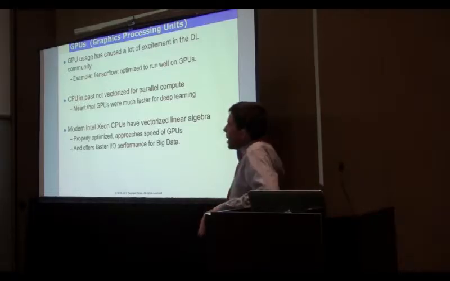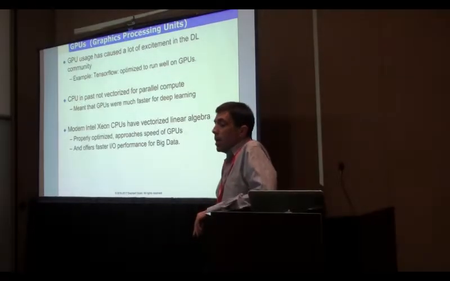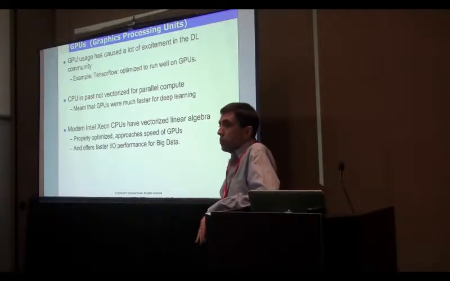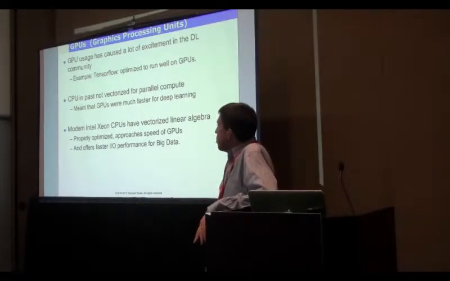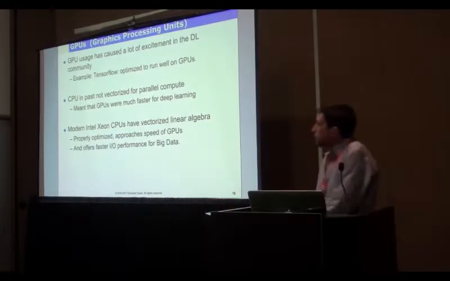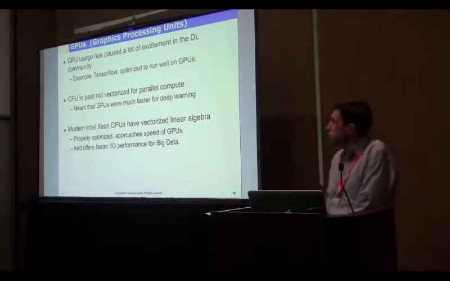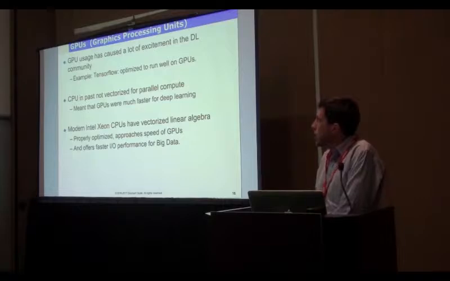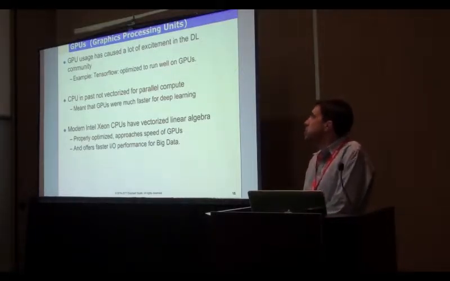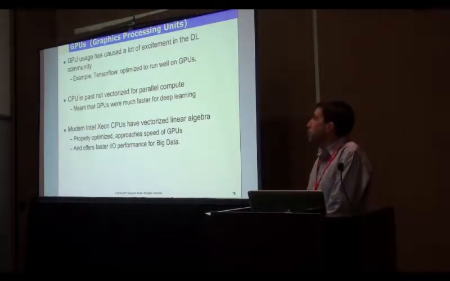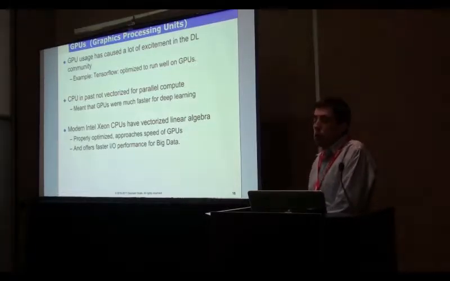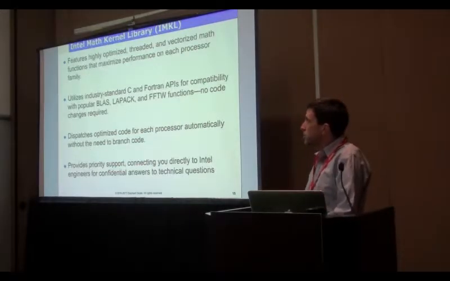Intel, of course, would like to see CPUs be at least competitive with GPUs in overall performance. So modern CPUs have developed vectorized linear algebra operations that are designed to approach the speed of GPUs when properly optimized, and also offer faster I/O performance for big data.